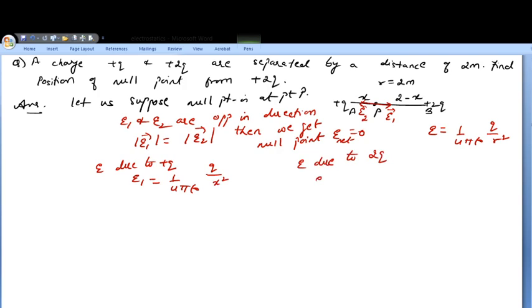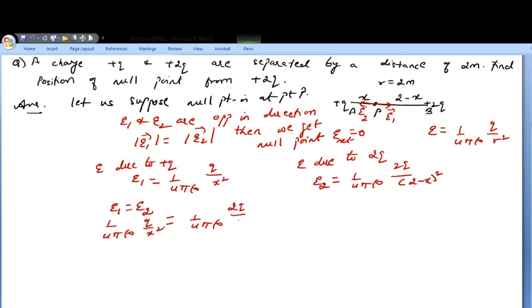E2 is equal to 1 upon 4 pi epsilon naught 2q upon 2 minus x the whole square. So now you equate E1 is equal to E2: 1 upon 4 pi epsilon naught q upon x square is equal to 1 upon 4 pi epsilon naught 2q upon 2 minus x the whole square.